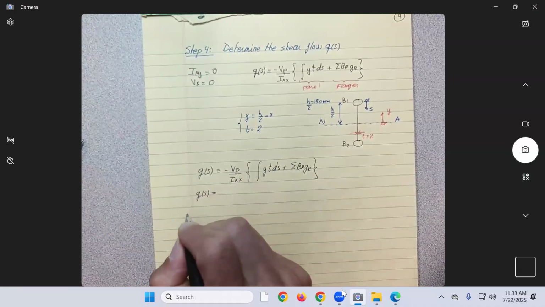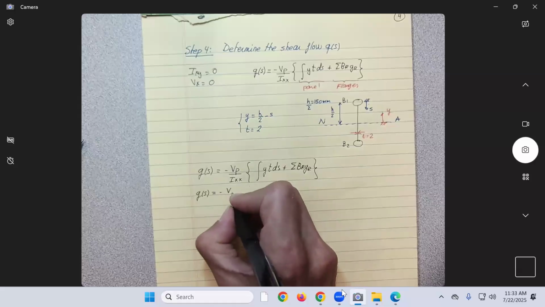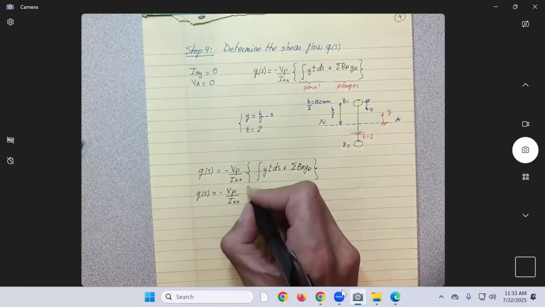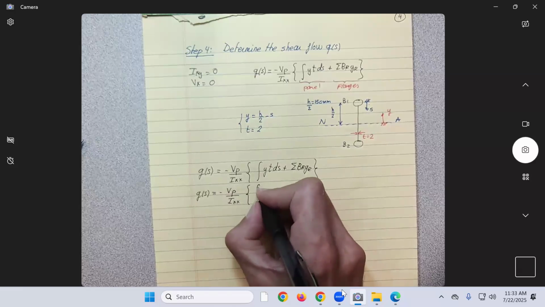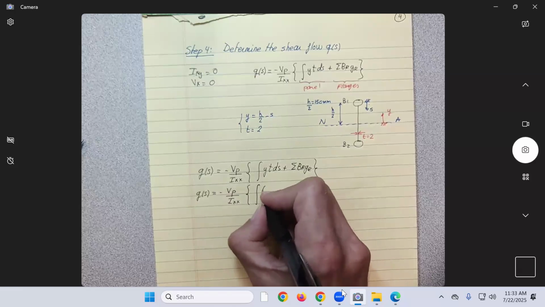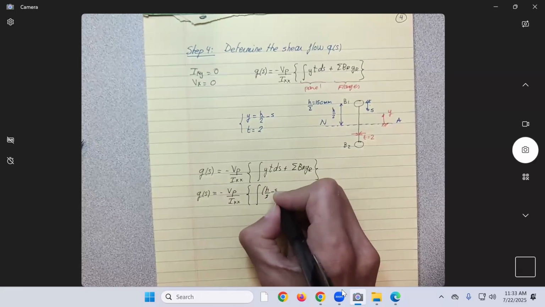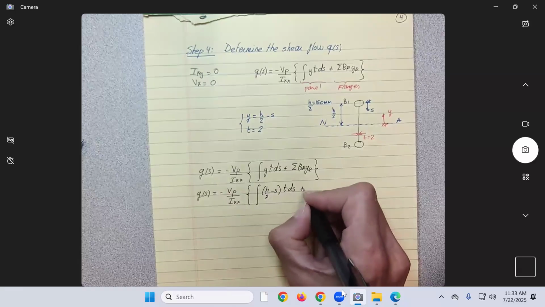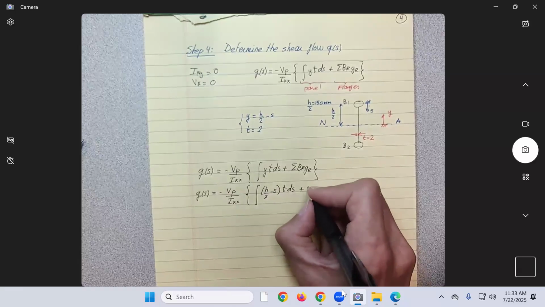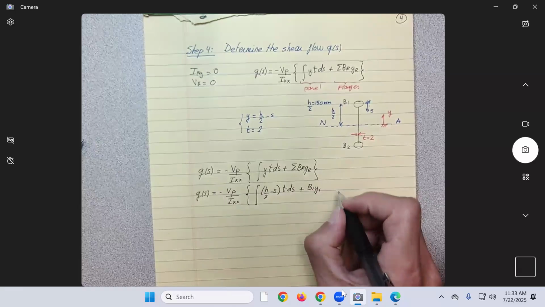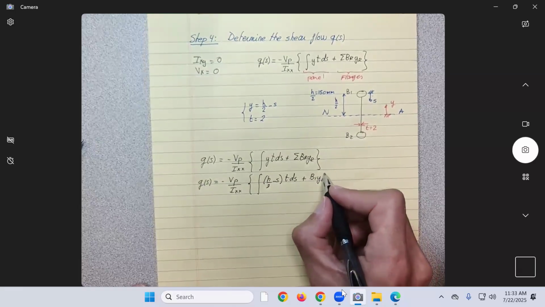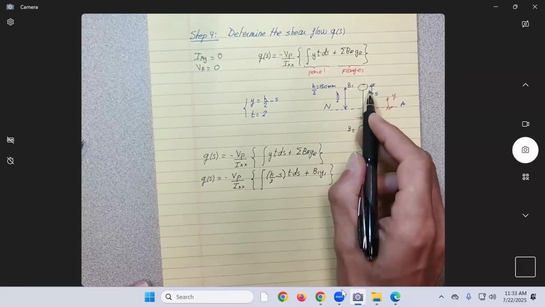So we have here Q sub S equal to minus Vp over Ixx times the integral of H over 2 minus S times TdS plus B1 Y1. We start from B1 Y1, at point 1.